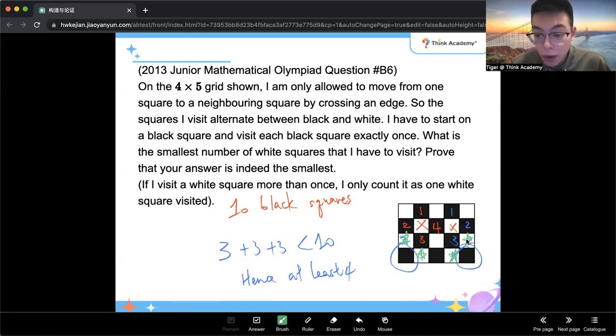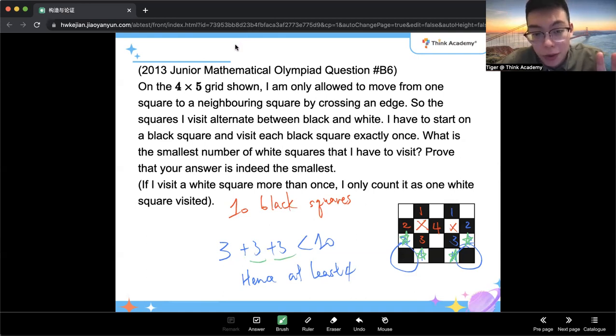So if I want to cover the corner black squares, I must be taking one of these white, right? And starting from one of these whites, the maximum number of extra black squares I can reach for the next white square is 3. So if I'm reaching 2 more full capacity white squares, I can only cover 9 black squares.